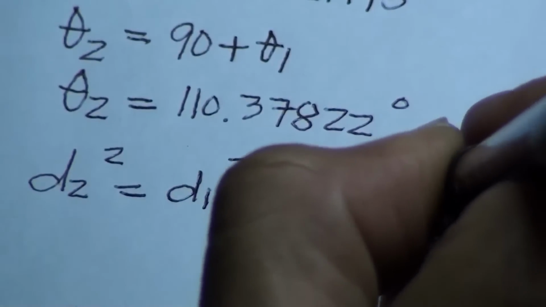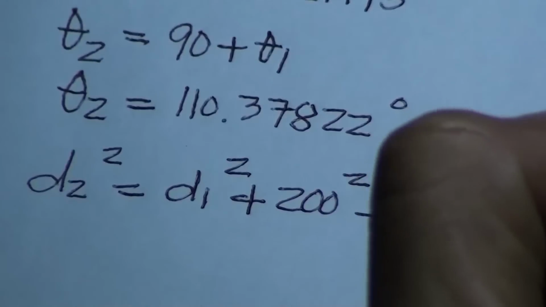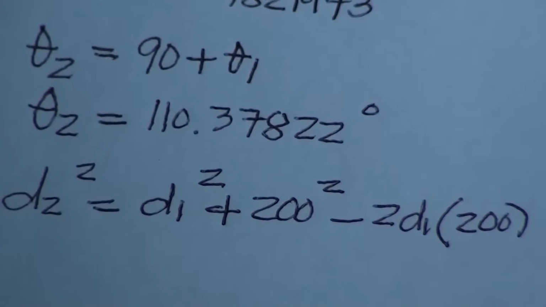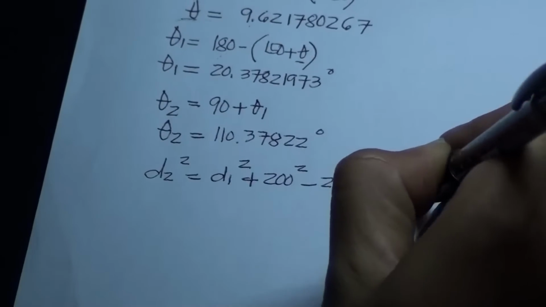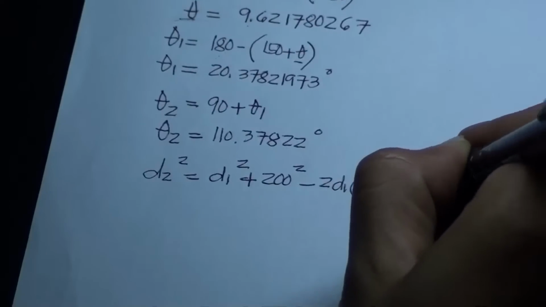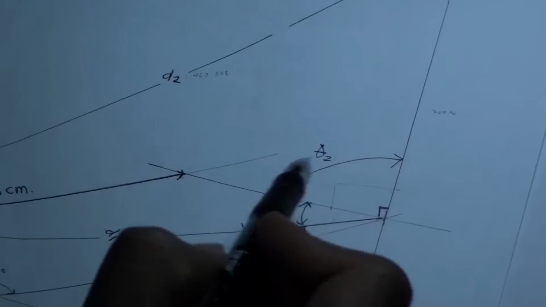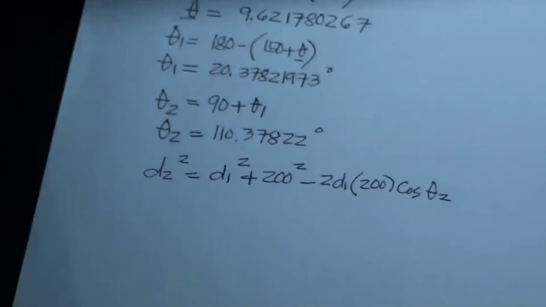minus 2 d sub 1 times 200 cosine, opposite to that is actually your theta 2. Opposite to this, okay, opposite of d sub 2 is actually your theta sub 2.